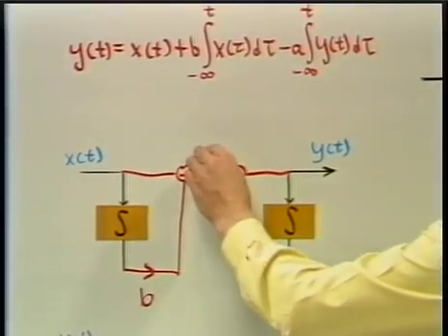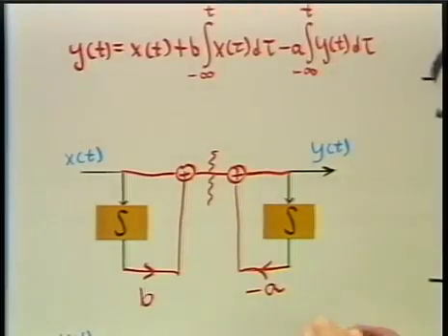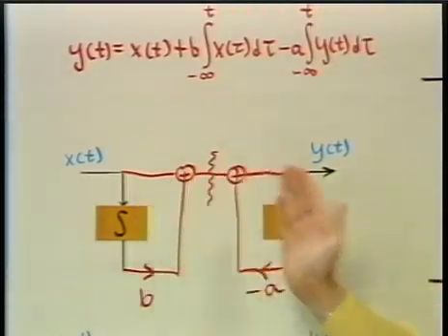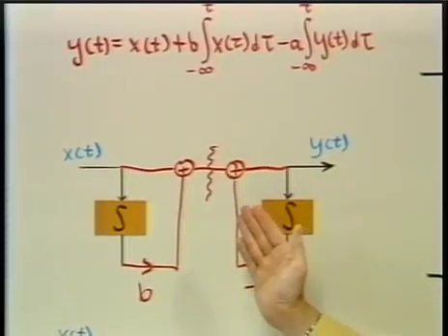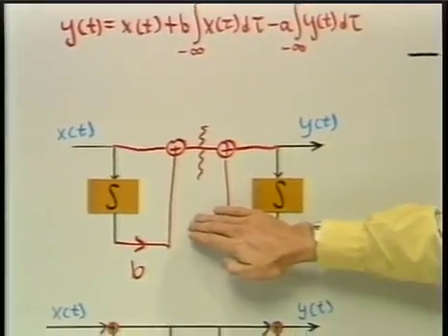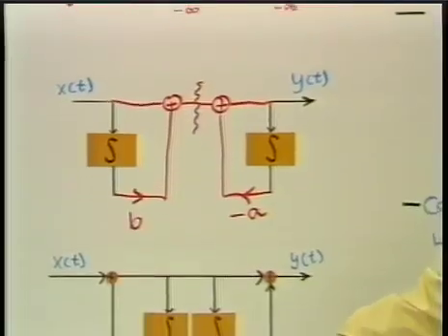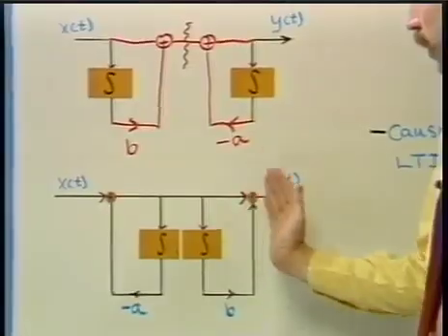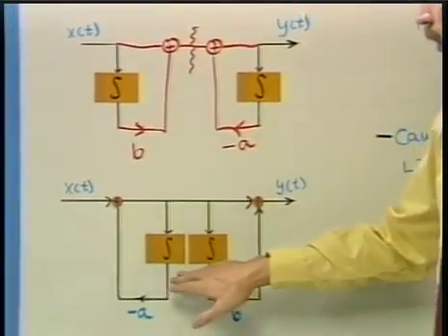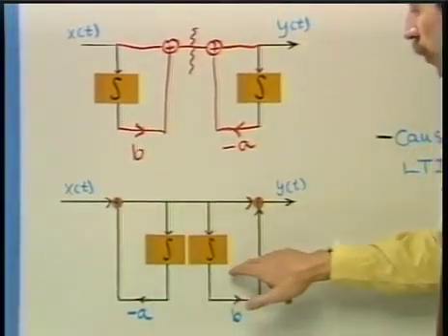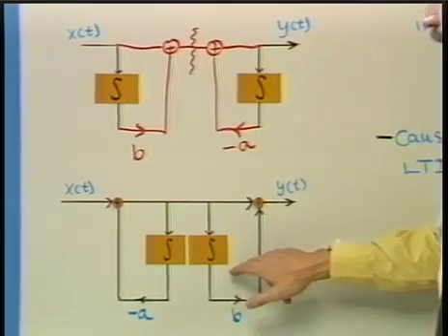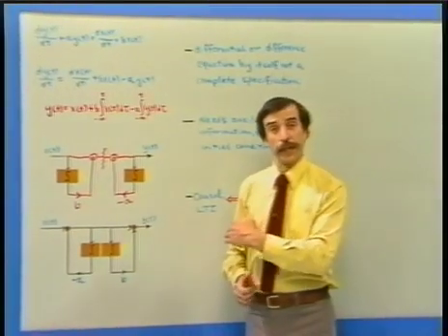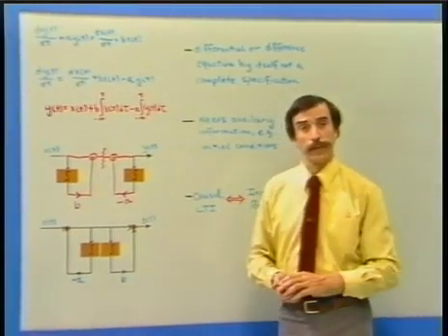So we can, in fact, break this and consider interchanging the order in which these two systems are cascaded. And so I've indicated that down below. Here I've simply taken the top block diagram, interchanged the order in which the two systems are cascaded, and here again we can ask what the advantage is to this as opposed to the previous one.